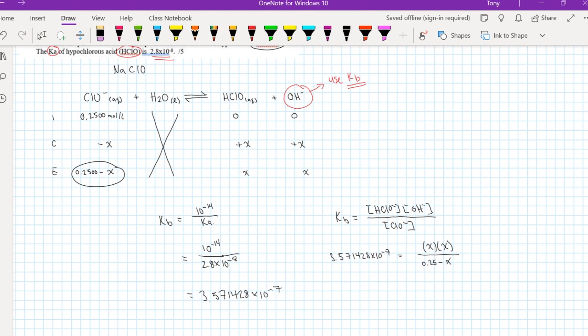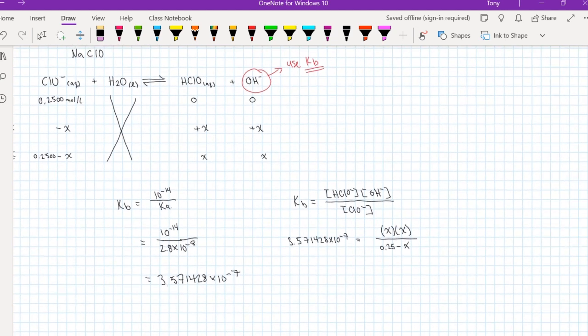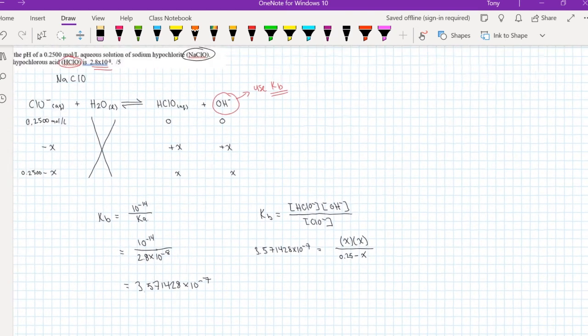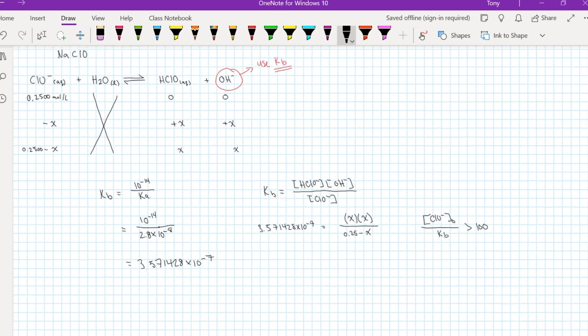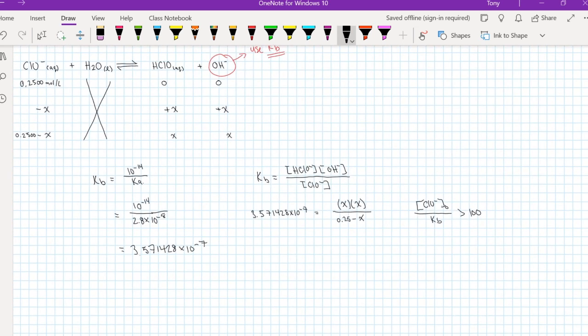And to simplify this, we may as well make that x squared in the top. We can also use the simplifying assumption, provided that the initial concentration of ClO- divided by the Kb value is greater than 100. So we have to check if that's the case. More often than not it will be, but it's still worth showing the math to do this.